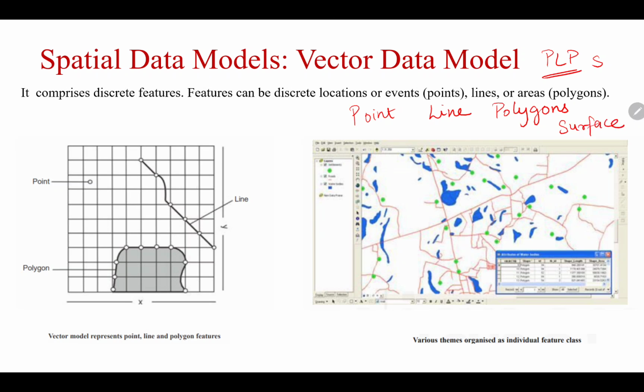As we are doing basics, you don't really need to know about surface right now, but the main thing you must remember is vector has point, line and polygon, and raster has cells. You can see this is my line, very easy. This is a single point and this is my polygon. So it's very easy for you to understand.